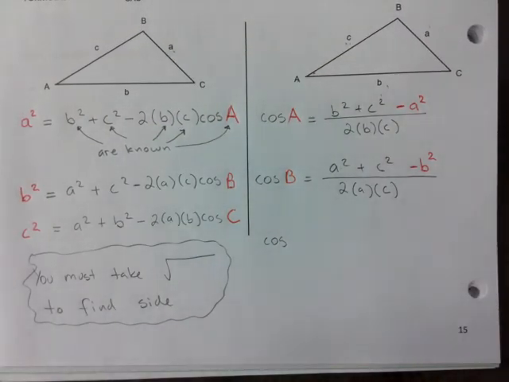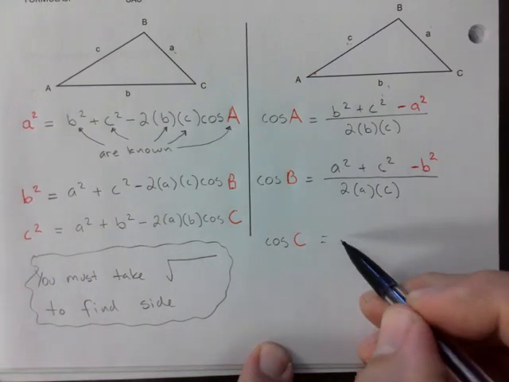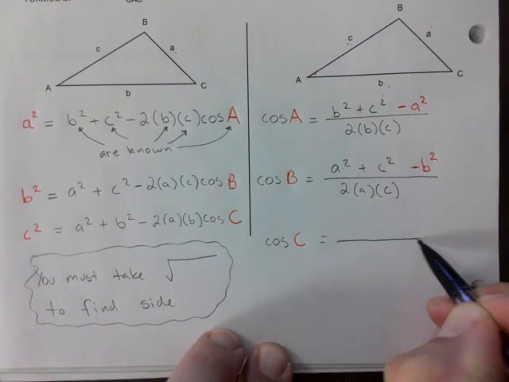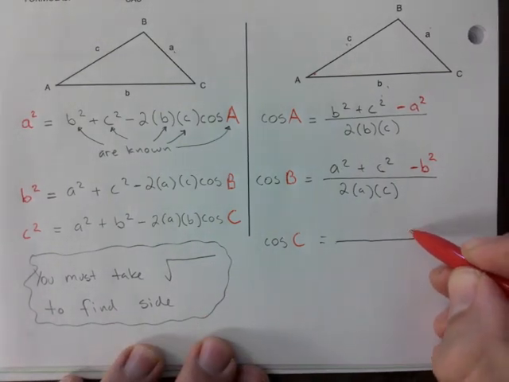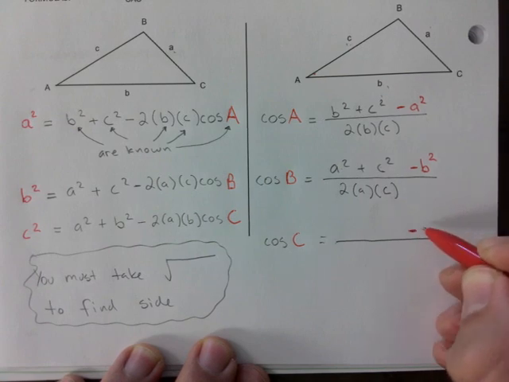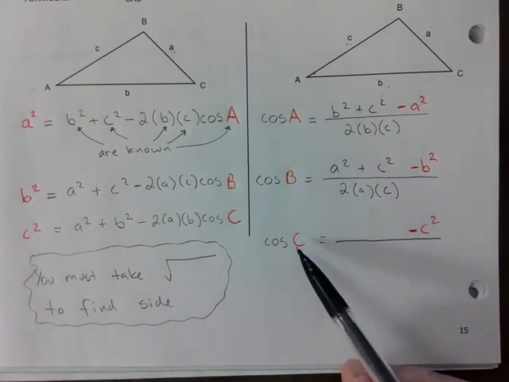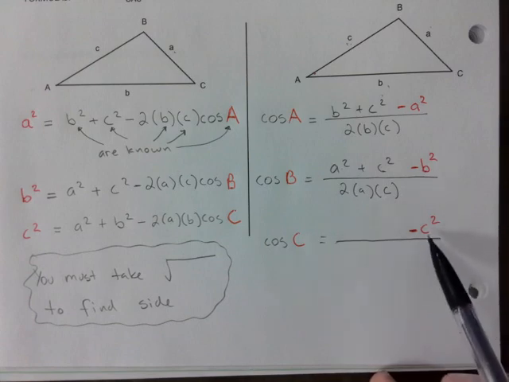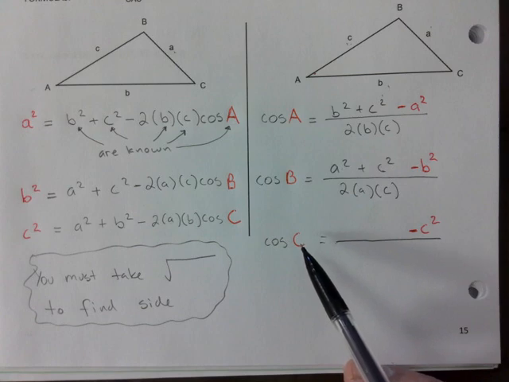One more, just so we have them all. Cosine, let's say you want to solve for angle C. How would this go? I would do that first. And you know why? Because if you don't have the C side here, then you're not solving for that angle that you're thinking you're solving for.